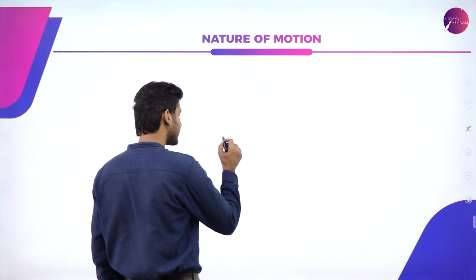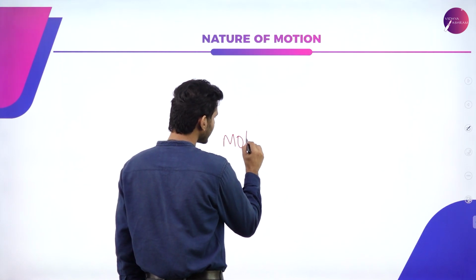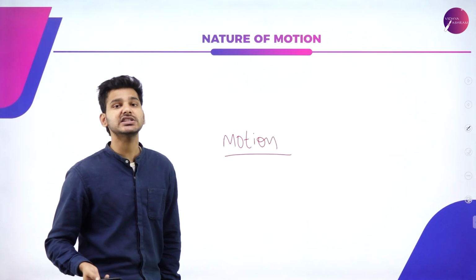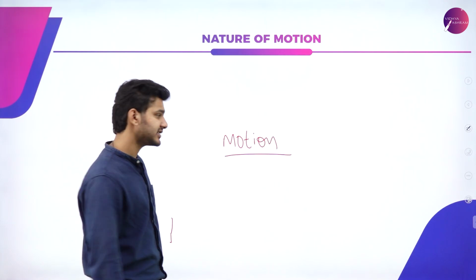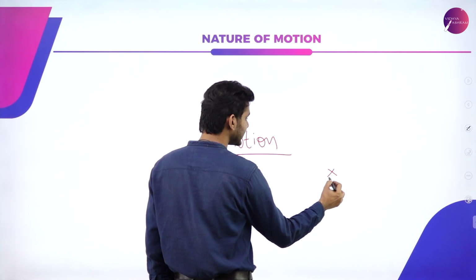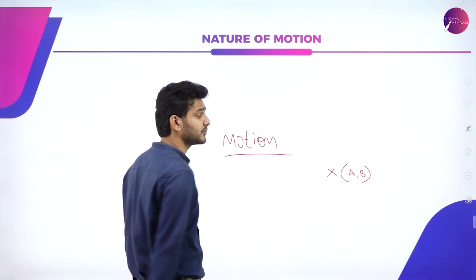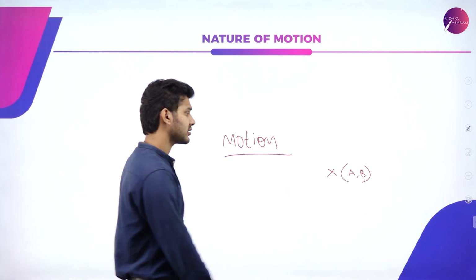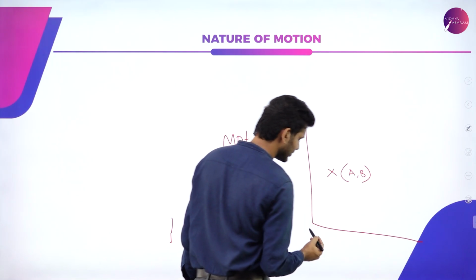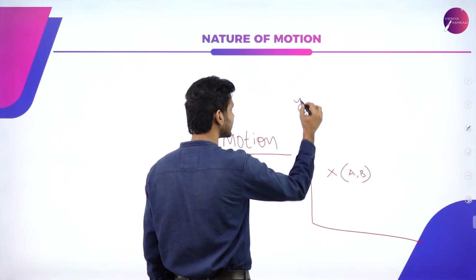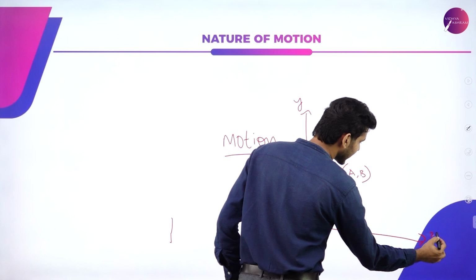So we do know what is motion. So motion simply means that when there is a change in position with respect to time, that is, if an object was initially at a point AB, where AB is the position coordinates, and let's make a graph so that it is easy for you to understand. So this is the y-axis and this is the x-axis.